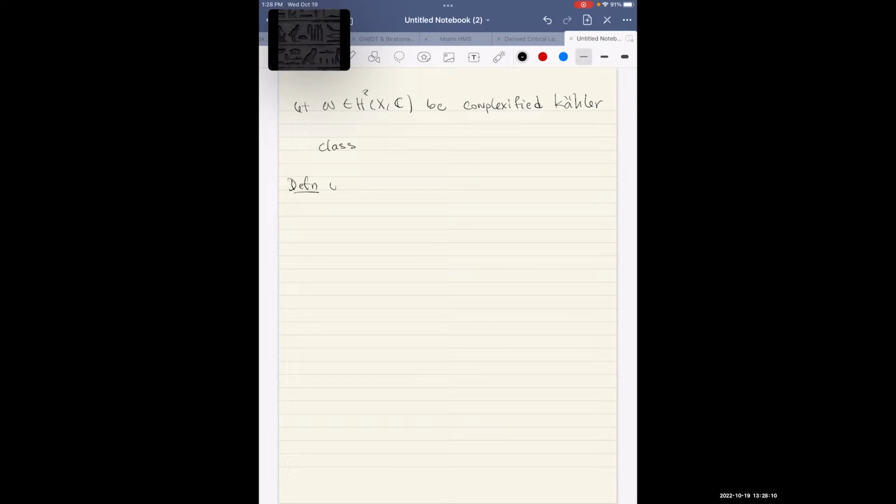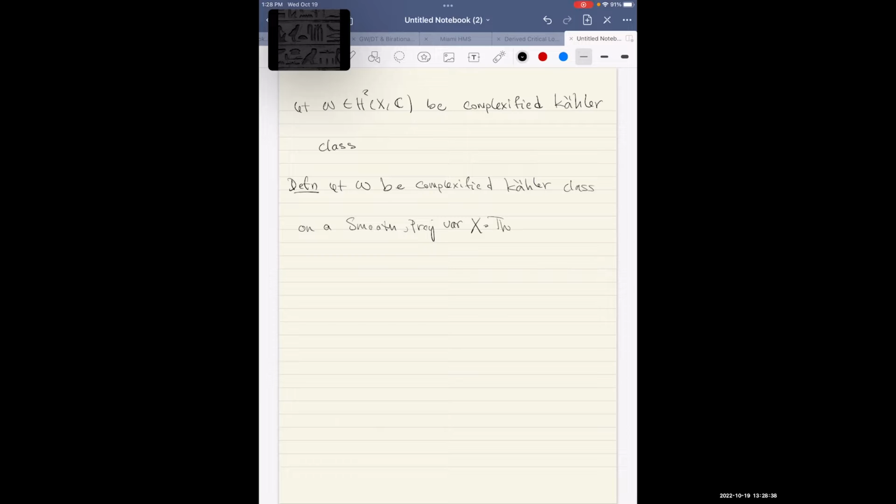Definition: let omega be a complexified Kahler class on a smooth projective variety X. We would like X to be smooth and projective.